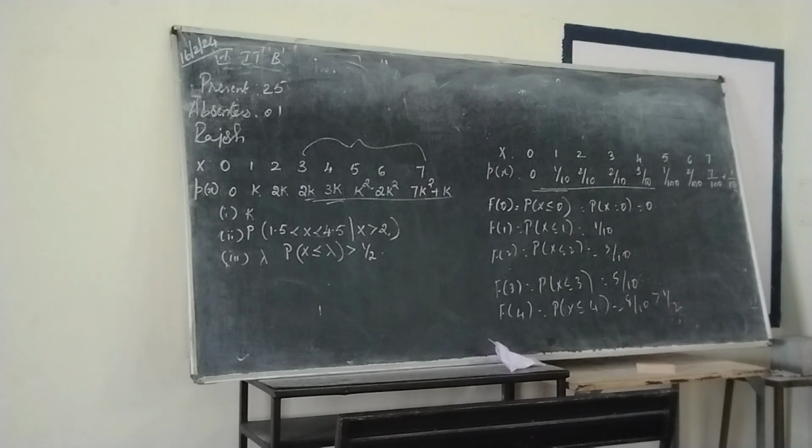If you are asked the question as greater than or equal to 1 by 2, what will be your answer? 3. Because at X equal to 3 it is equal to 1 by 2. Since it is asked only for this point, we stop now.